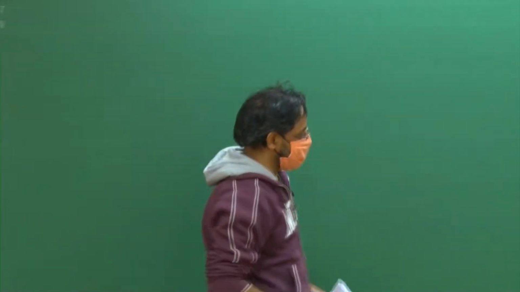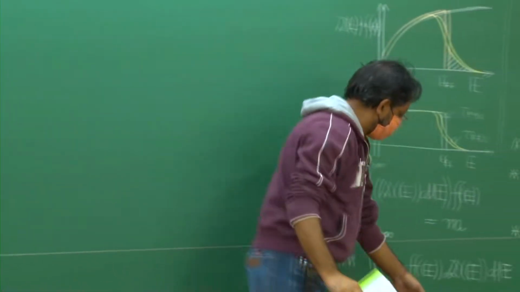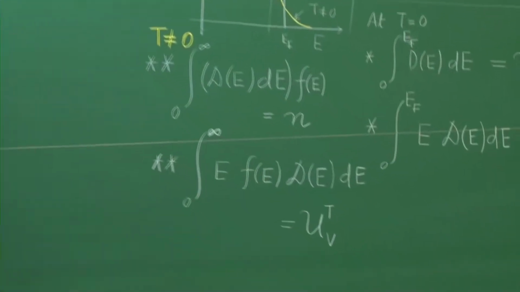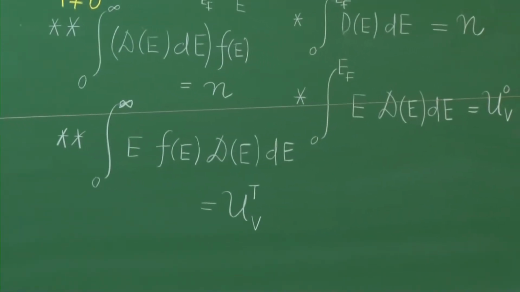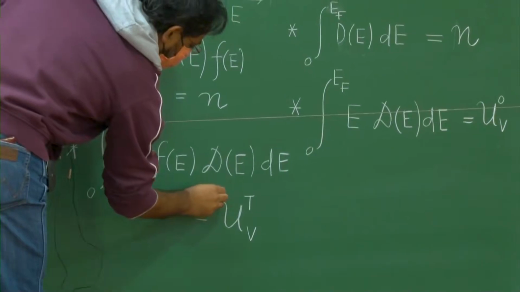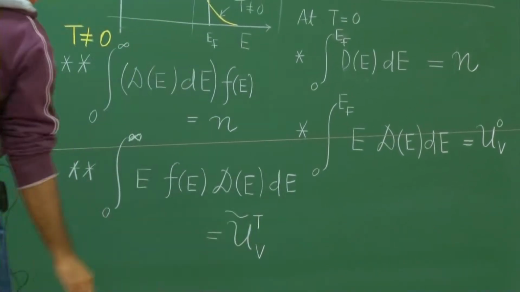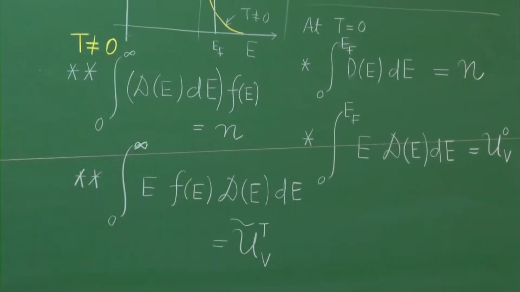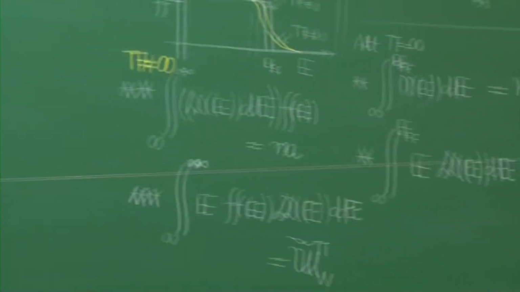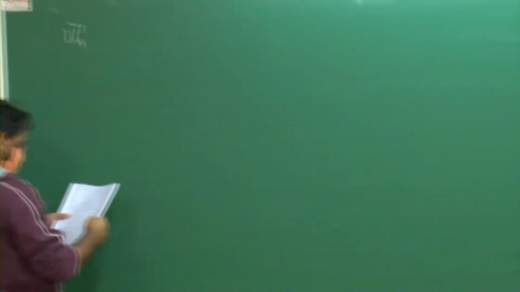So it is something like this quantity, right? So I should by notation write tilde. I don't want to make the notations very complicated. So it's up to you. You want to put it, you put it. You want to leave it, you can leave it.